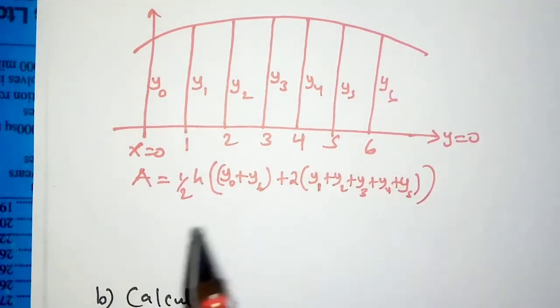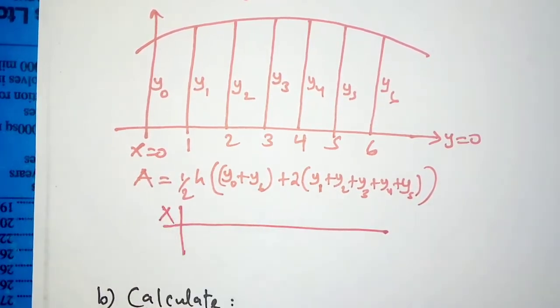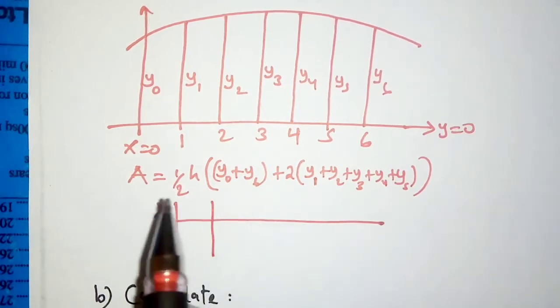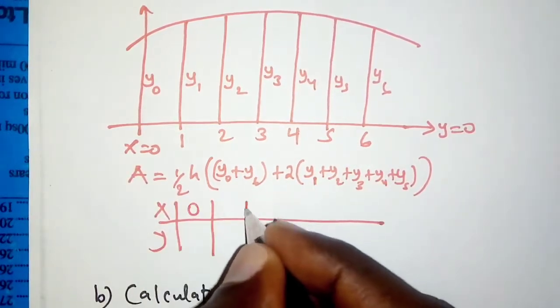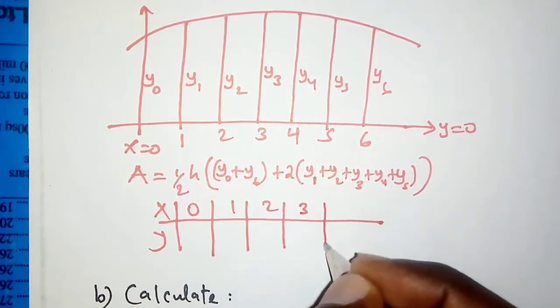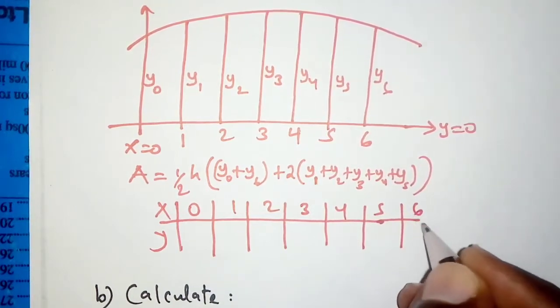So in order to use this, we need to come up with a table, and in this table we'll have the values of x and values of y. So the values of x will range between 0 and 6. We have x is 0, 1, 2, 3, 4, 5, and finally 6.